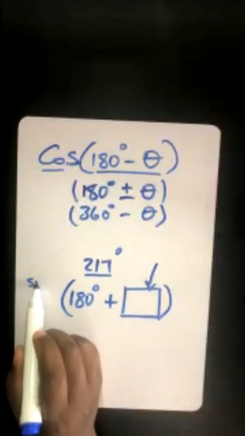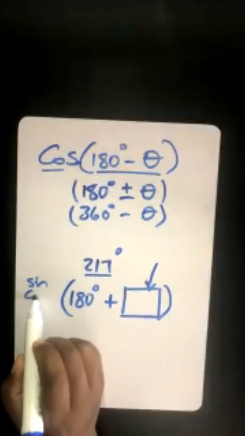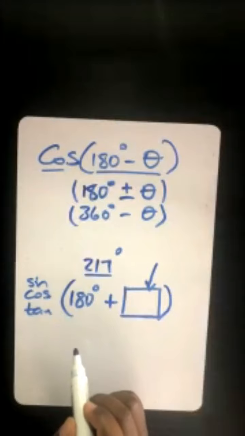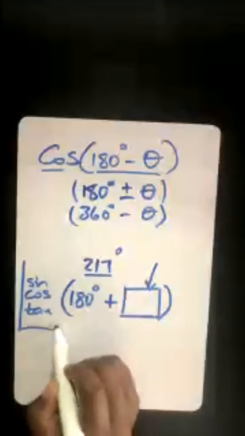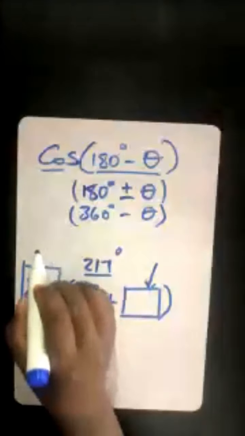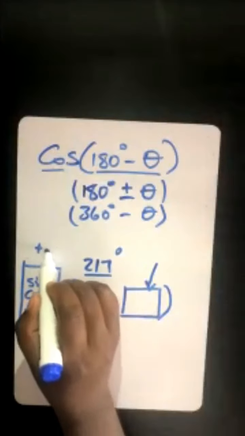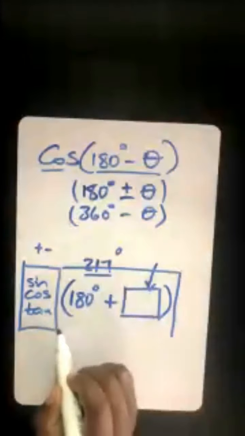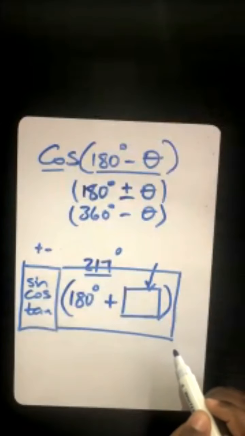It doesn't matter whether it's a sine there, whether it's cos there, whether it's tan there. So this part is to guide you in terms of the sign, whether it's going to be a positive sign or a negative sign. Then this part guides you in terms of the angle.